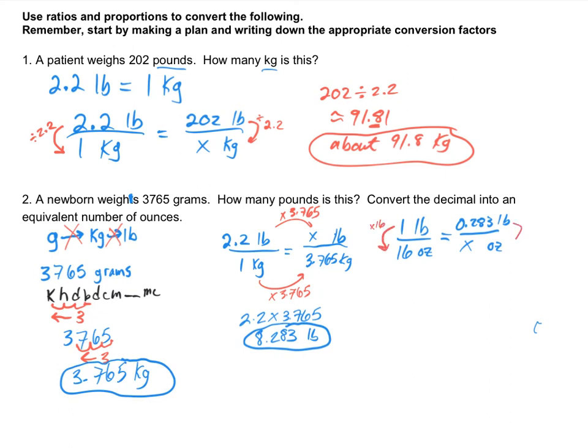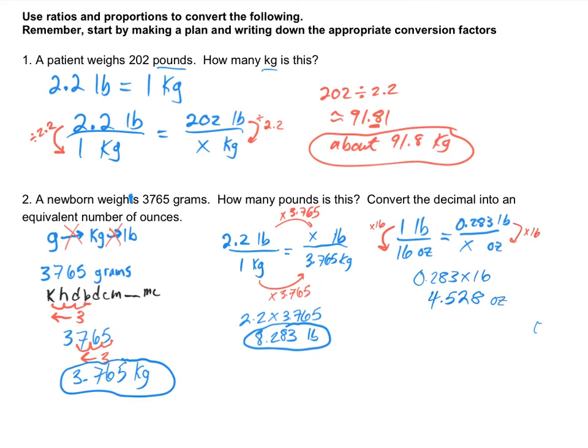So that same value needs to occur over here on the right ratio. So in my calculator, I want to do 0.283 times 16. And let's see what we get. We get 4.528. And this is ounces.